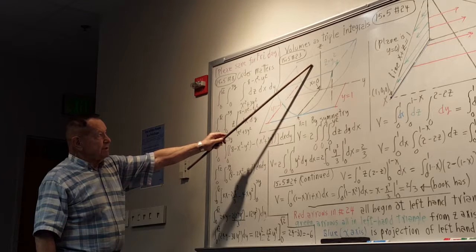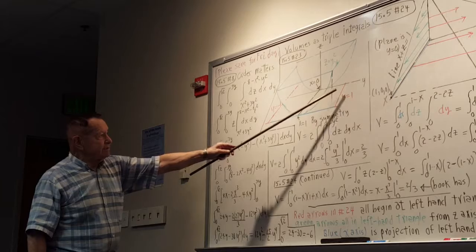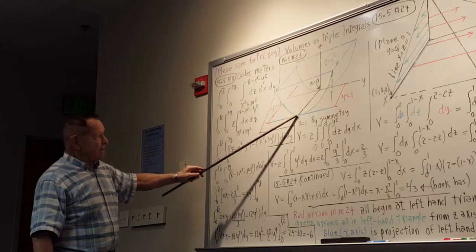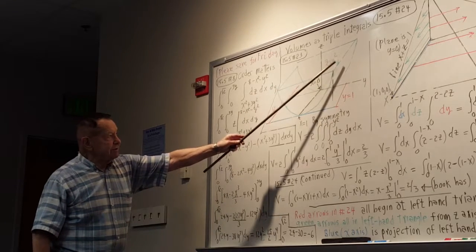You have this piece on the back and this piece on the front, which are x equals 0 and x equals 1, and then on the left and the right it's symmetric.